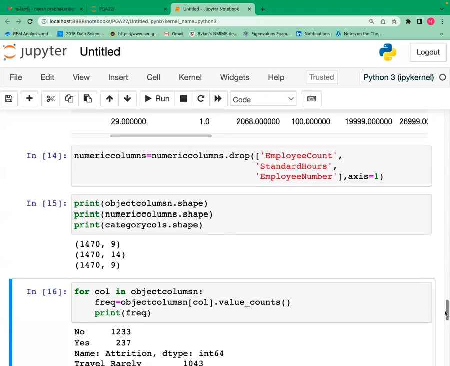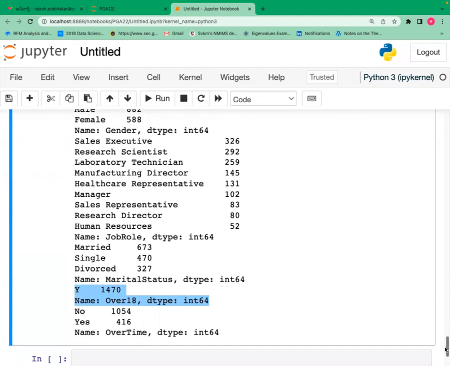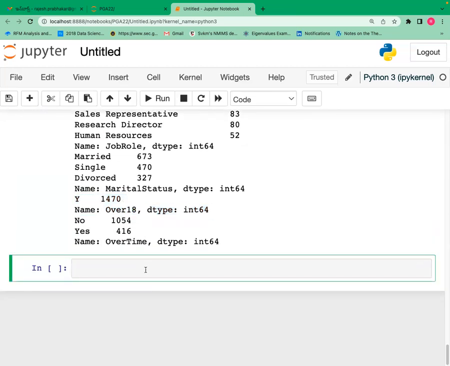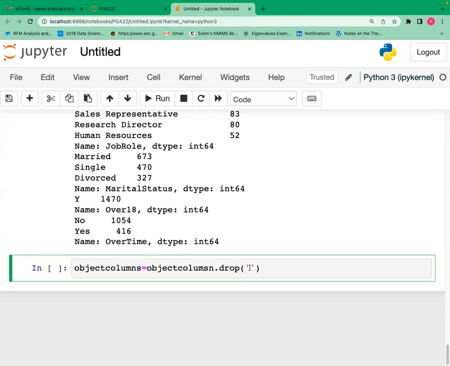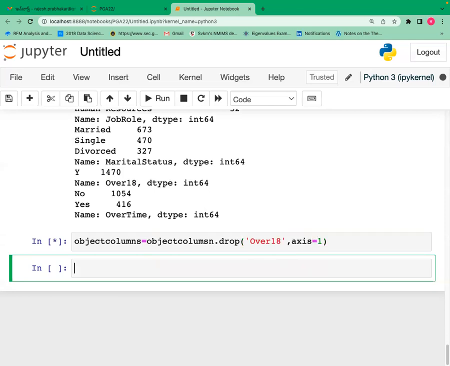So object columns is equal to object columns dot drop, single quote, over 18, comma axis is equal to 1, right?